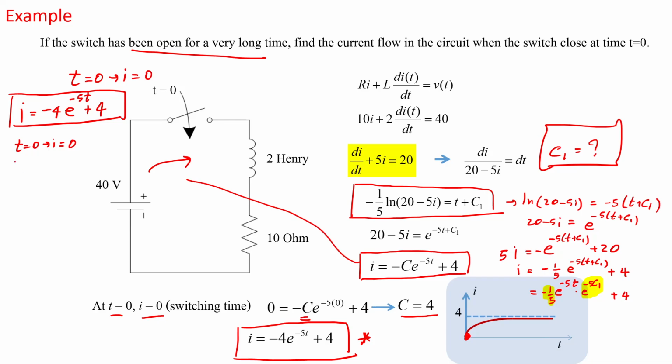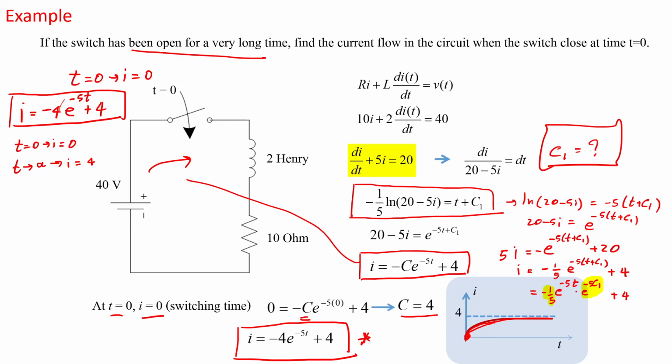But when t goes to steady state, what is the current? This term will go to 0, right? I goes to 4, right? So this is the exponential increment. Therefore, this solution represents that when we close the switch, the current starts to increase to 4, and after that it remains 4, right?